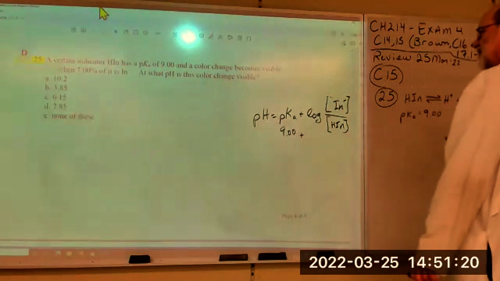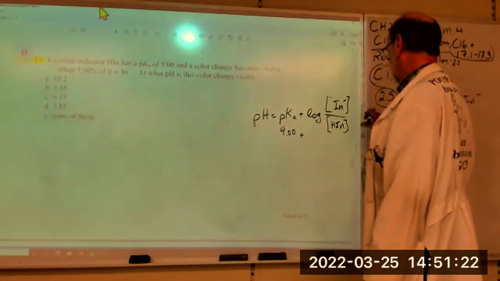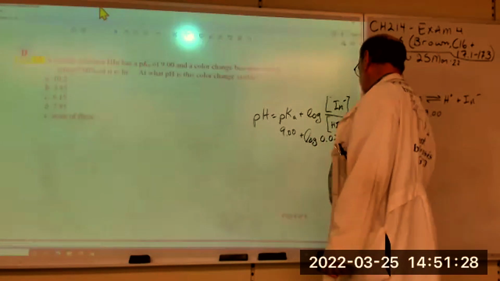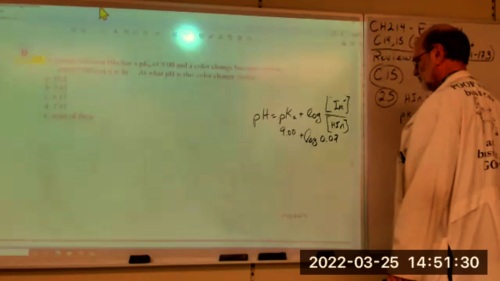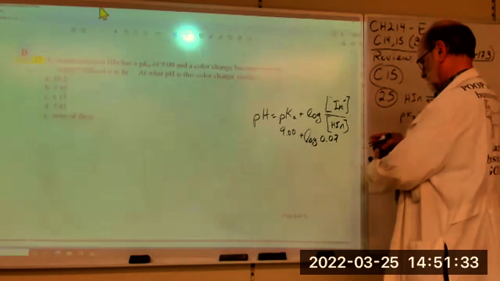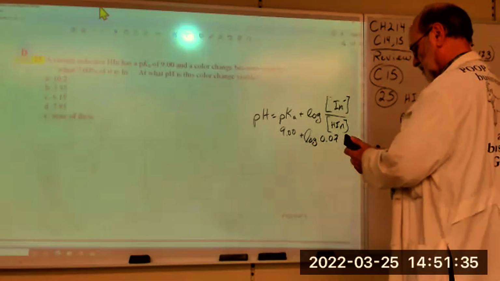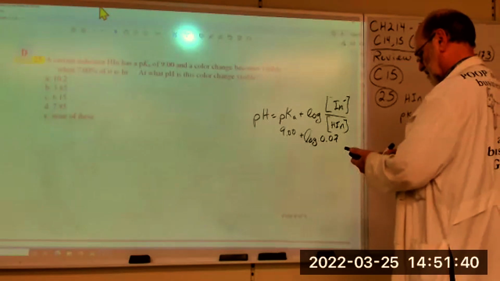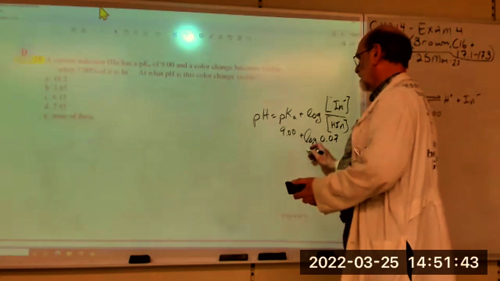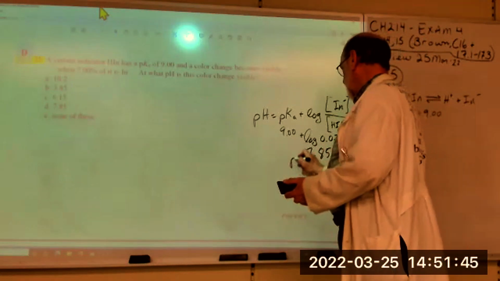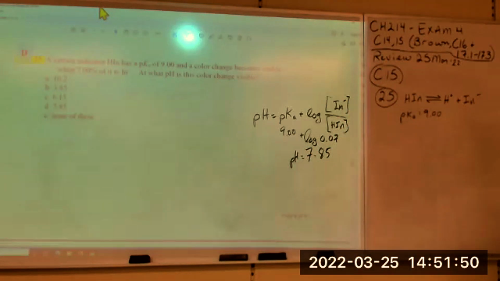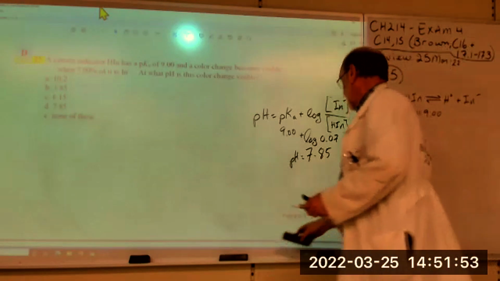Yeah, 7% is as In minus. So this is actually log of 0.07, and add that to 9. So 7.85 pH. Okay. I think I was trying to make it more complicated than it was.